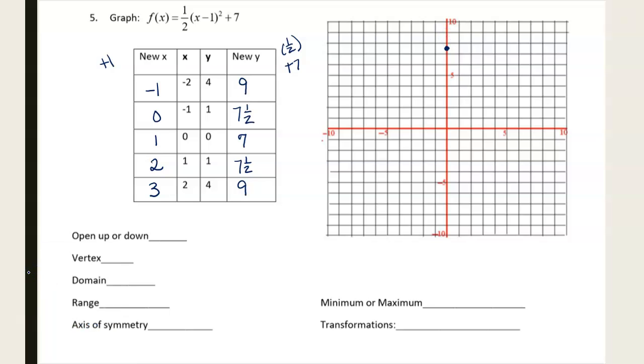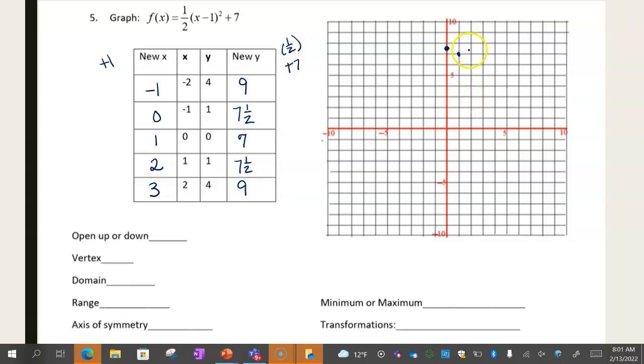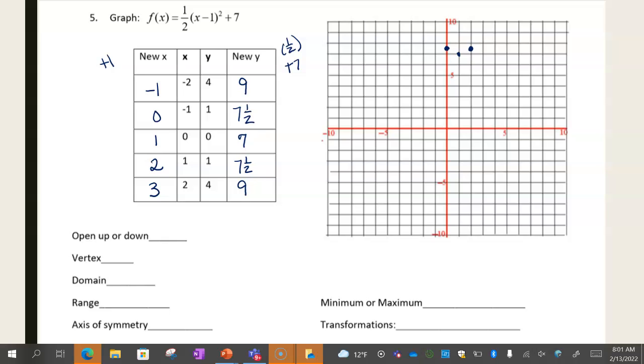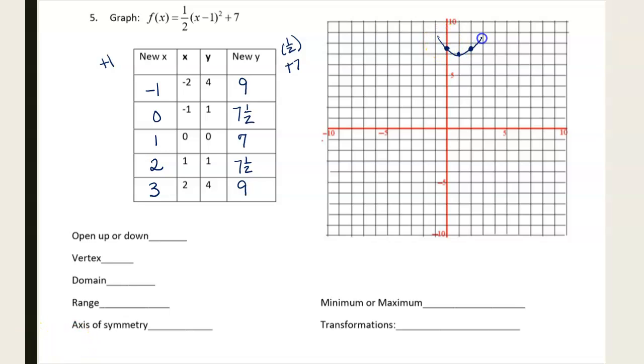Then I have 1, 7. 2, 7.5 there, and 3, 9. So it's a big fat, let's see, it's hard to draw this. Hold on, because I go off the screen. That's as much of it as I can draw.